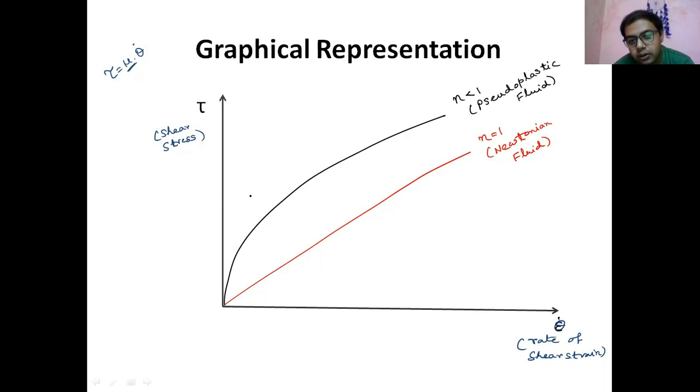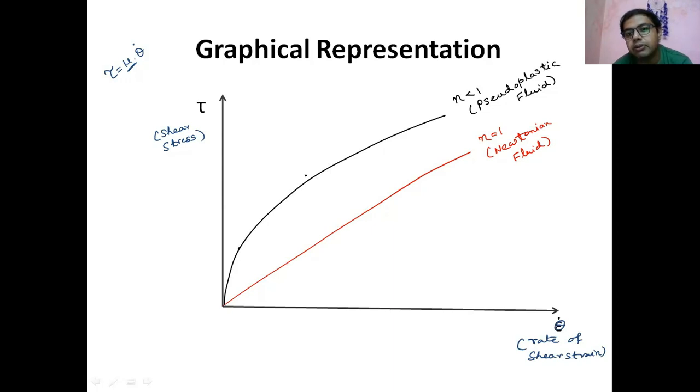If you go along this direction, you see the slope is decreasing continuously. The slope at this point compared to this point, definitely at this position the slope will be less than the previous one.